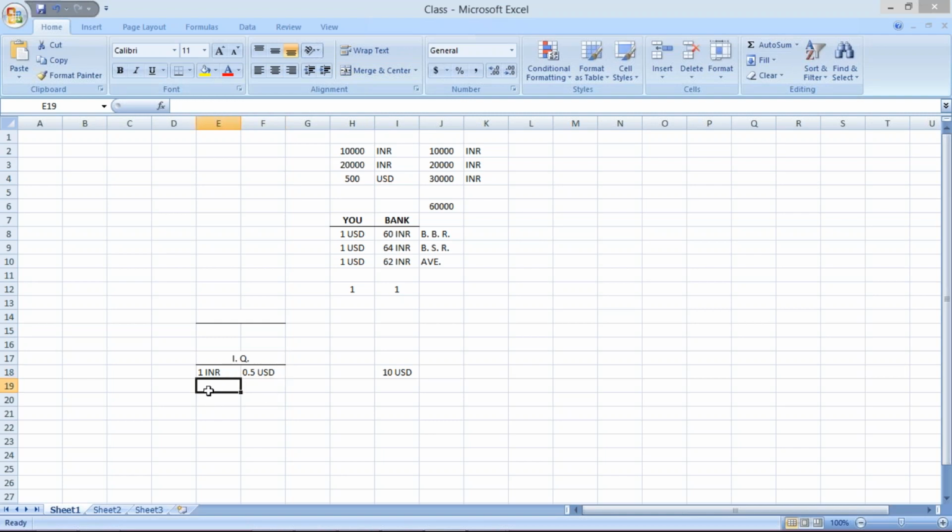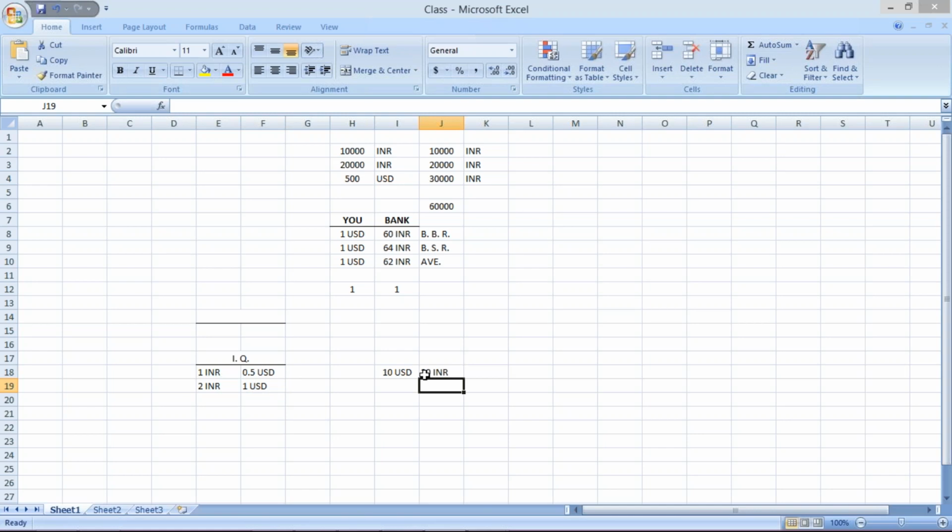It means 2 INR equals 1 USD, or in the other way, 1 USD equals 2 INR. So 10 USD equals how many INR? Once again, 20 INR. The system is going to calculate very easily. So we can maintain in both ways, whether through direct quotation or indirect quotation.